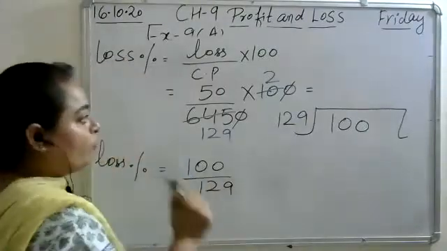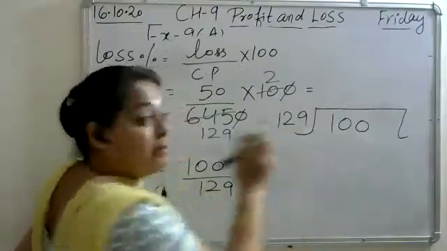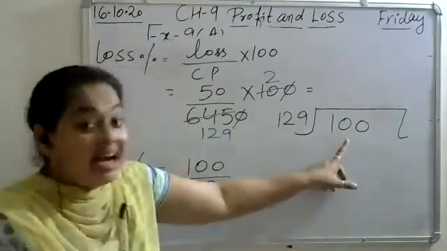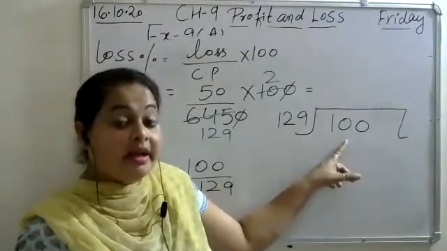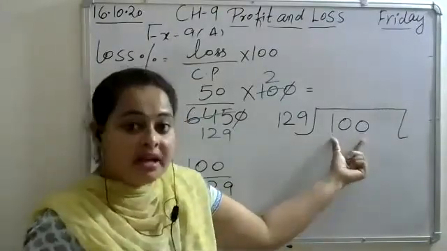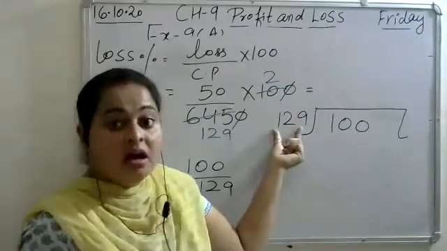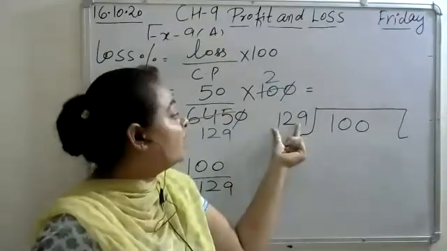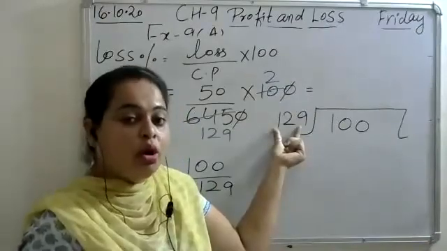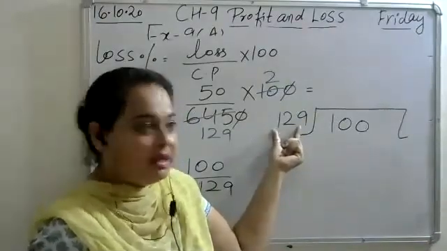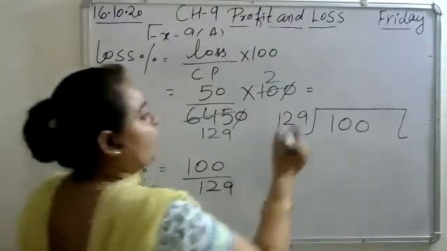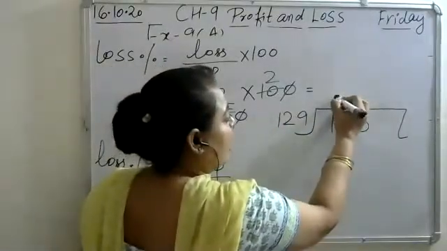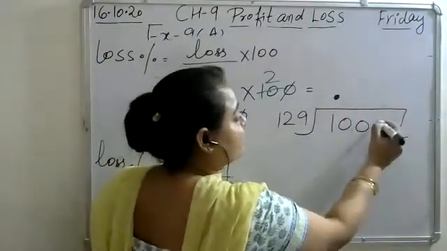Direct division is possible only if the inside number is bigger than the divisor, but here the number is smaller, so for that you will use a decimal. You will put here a decimal, and with the decimal you will get 10.